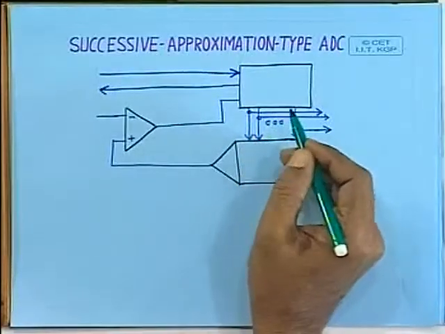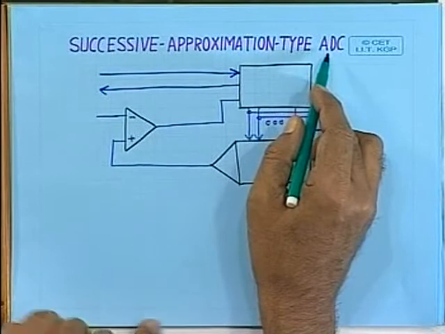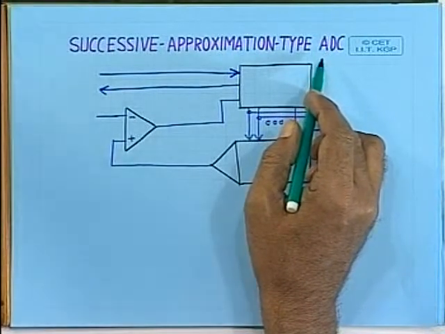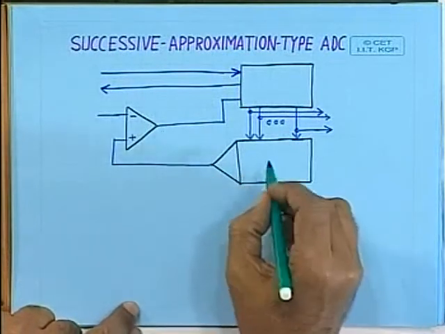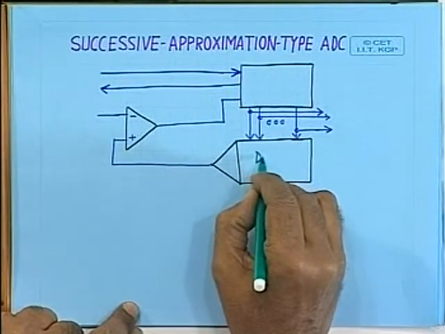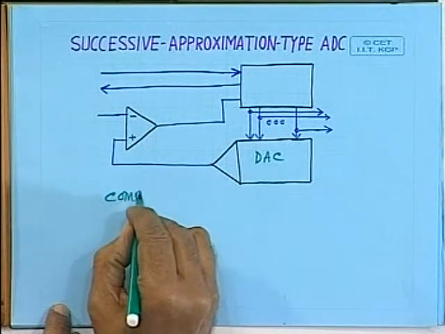However, the most popular type of AD converter commonly used in practice is known as the successive approximation type ADC. The successive approximation type ADC block diagram is somewhat similar. Here also you require one digital to analog converter and one comparator.